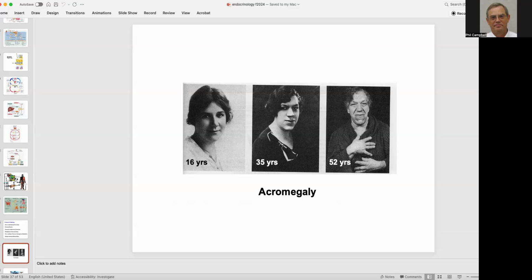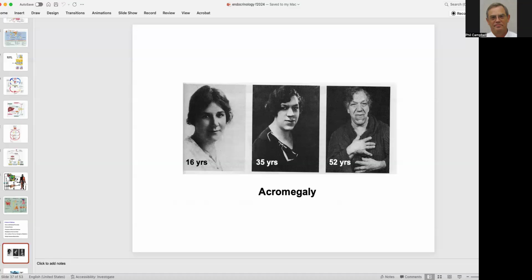Her nose is getting a bit larger, her jaw is extending, and she's starting to get something called beetle brow. We go to her early 50s and things are further accentuated. We even see that her hands are getting involved. They're not any longer, they're just wider. So acromegaly is too much growth hormone after growth stops.